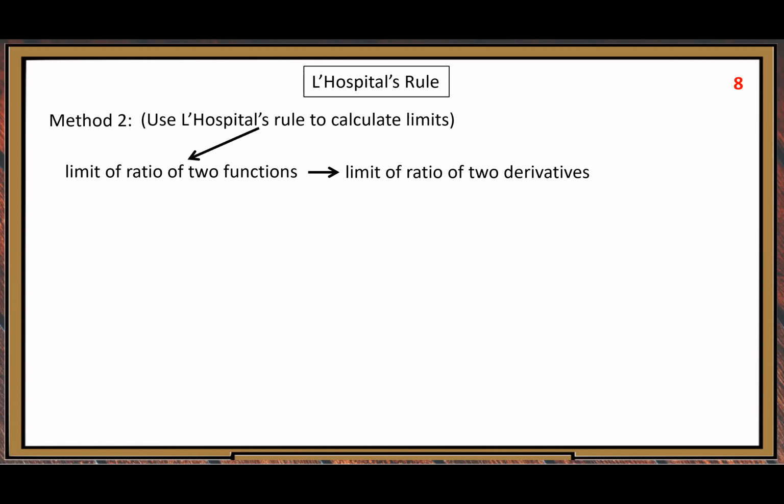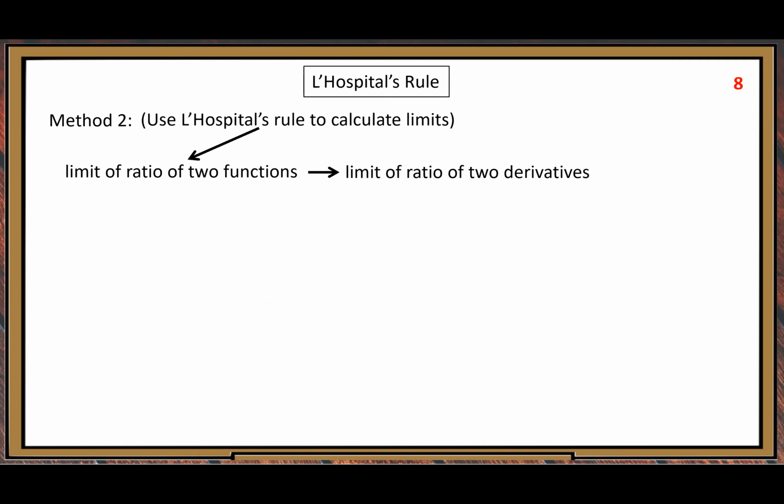When we use L'Hopital's rule, the basic method is this. We need to find the limit of the ratio of two functions, the two original functions. But usually that limit is hard to find directly.